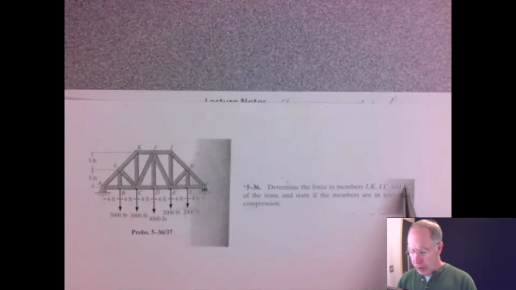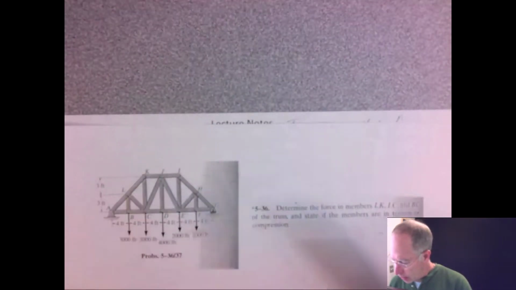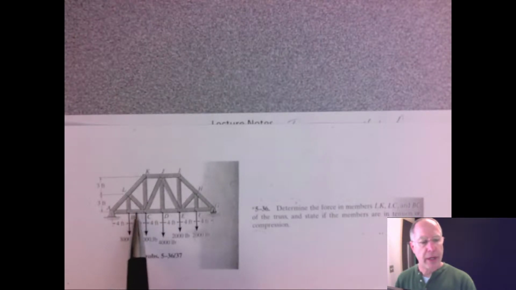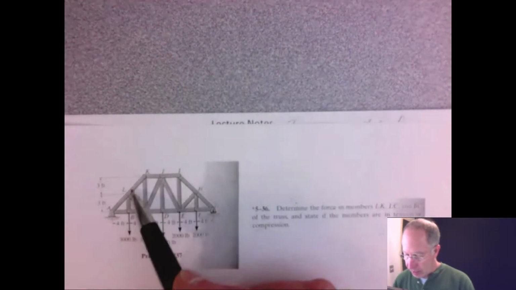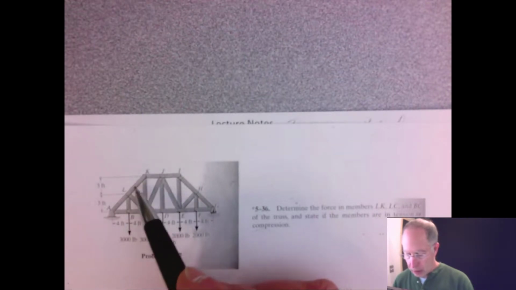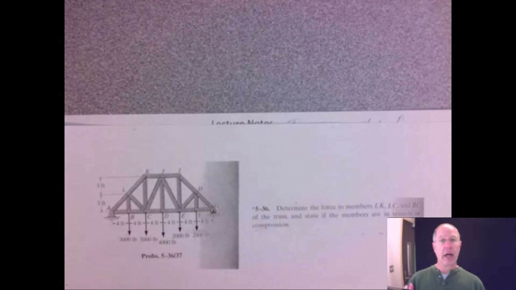So there's three members that we're asked to determine forces in. Let's identify them. So BC is this member right here, and LC is the member above it, and LK is this third member.